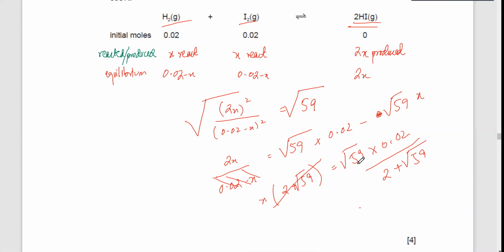What is the value that we're getting? Mirahil, did you solve it?